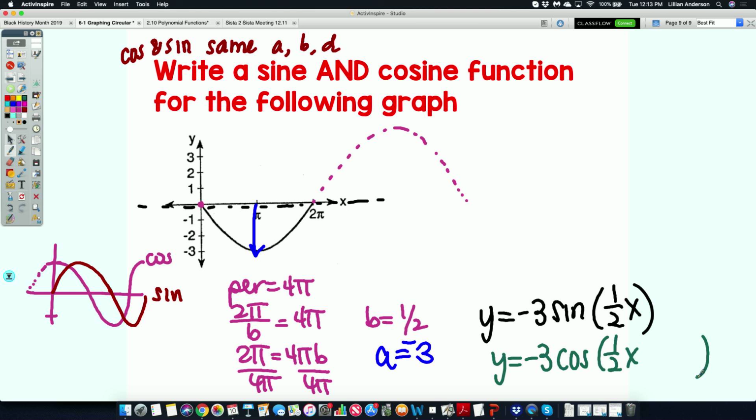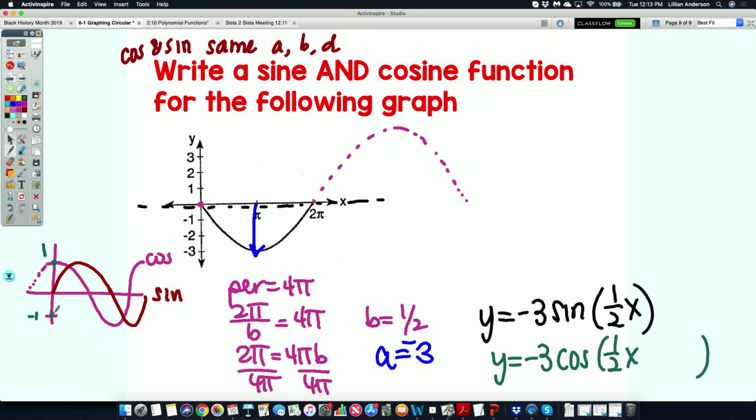The original graph of cosine intersects the y-axis where? At 1. Okay? But because this graph got reflected over the x-axis, where should cosine technically have started? At negative 1. Okay? But it is not at negative 1.